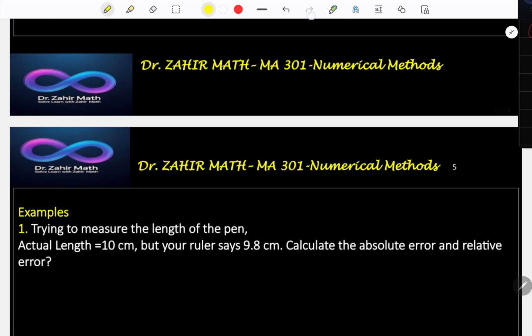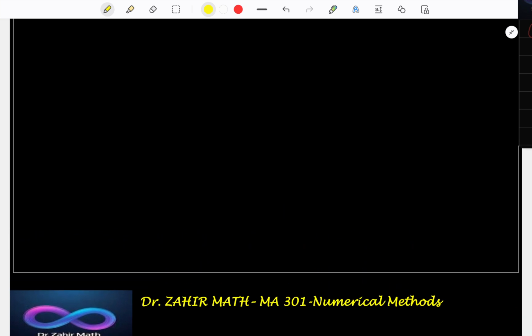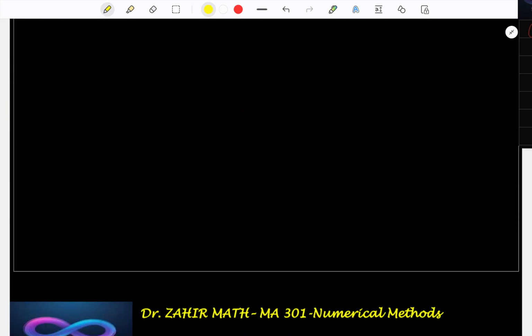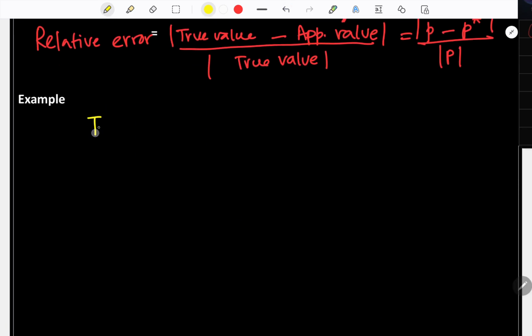Let me take some examples. For example, if I calculate the same for the above question. Let me take the above example. True value, which is P, I'll take as 3.1416, and P star I'll take as 3.14. So what will be your relative error?